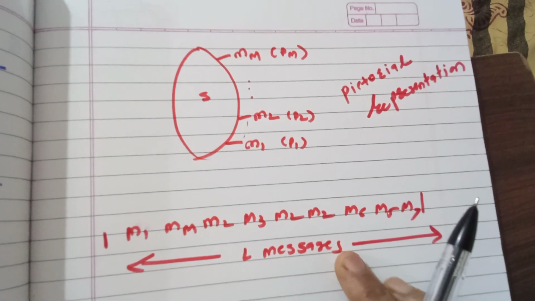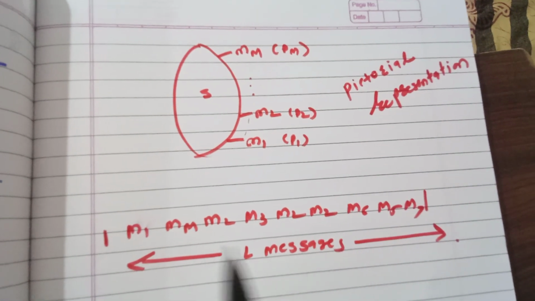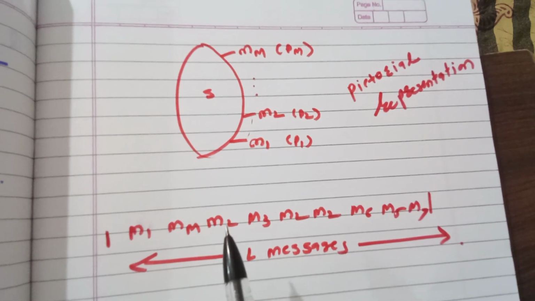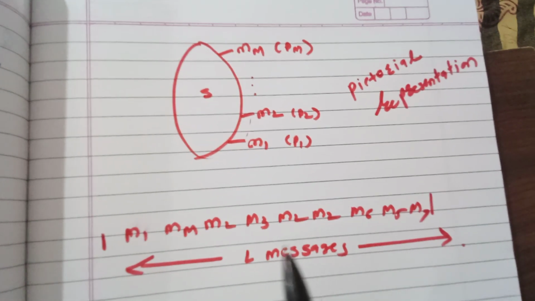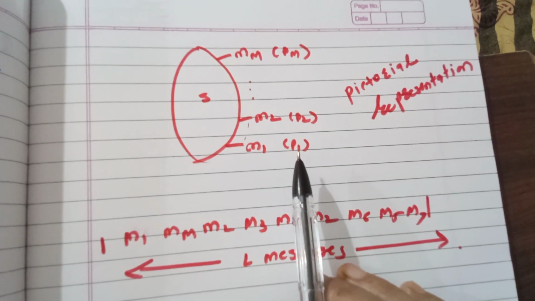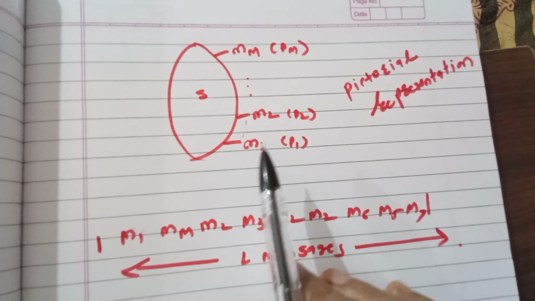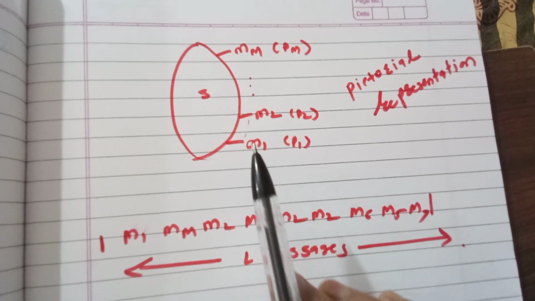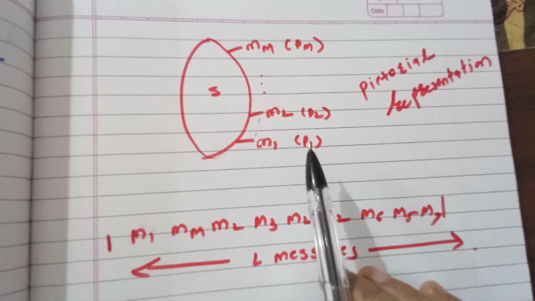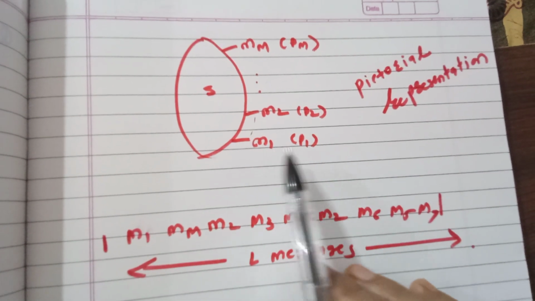Now the messages will occur as per their probability of occurrence. It is given that the probability of M1 is P1.